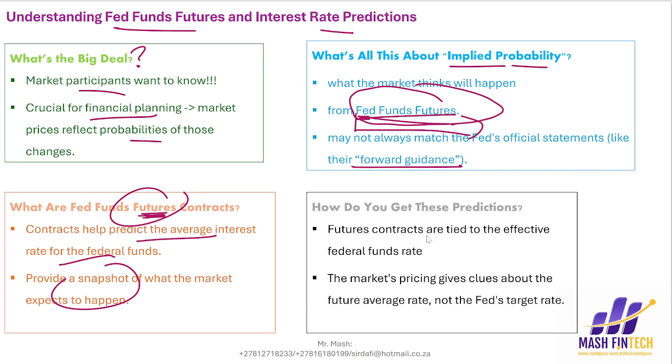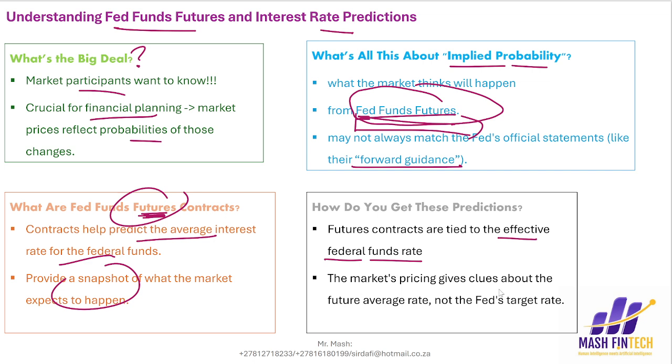The predictions for futures contracts are tied to the effective federal funds rate. This effective federal funds rate is the rate at which depository institutions lend each other money. These are interbank rates. When banks borrow from each other or lend each other money, the rate at which they do that is called the effective federal funds rate.